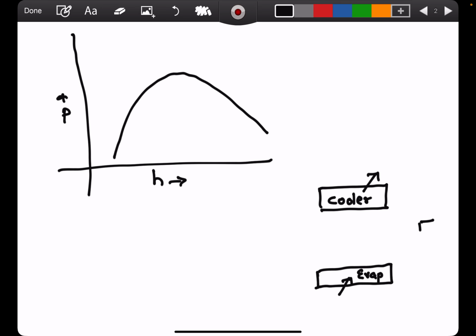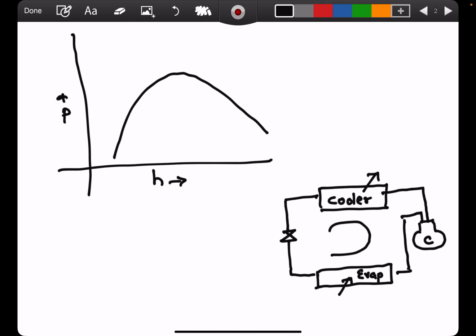There is a compressor, and there is some expansion device. So this is the simple transcritical cycle, and we are talking about the refrigerant carbon dioxide here. So CO2 is being circulated. Now you are given that this pressure is 30 bar and this pressure is 90 bar.